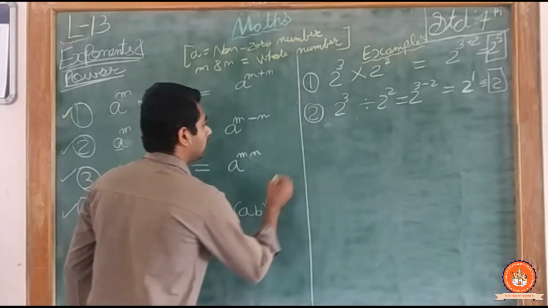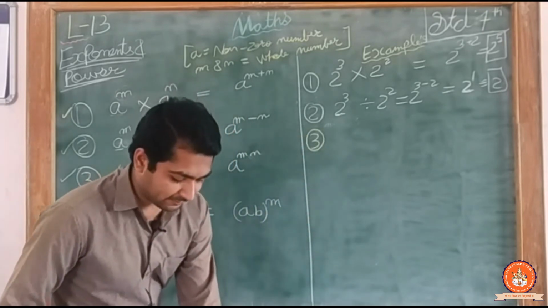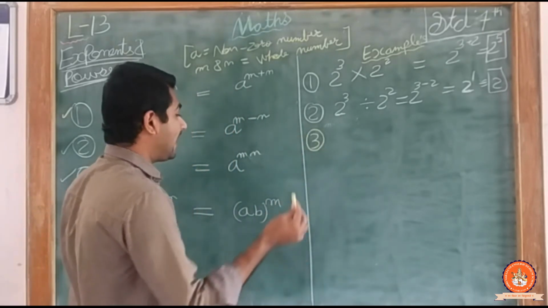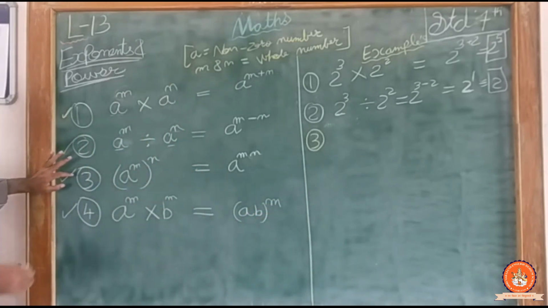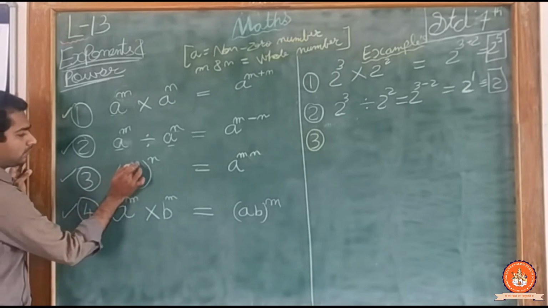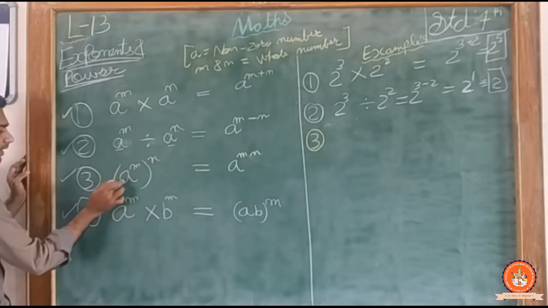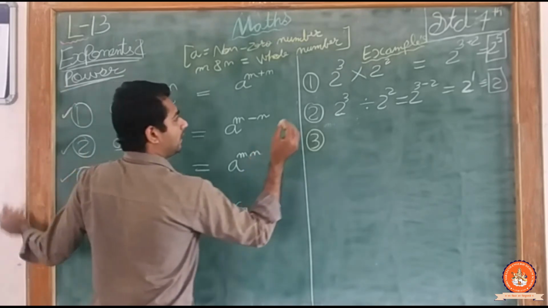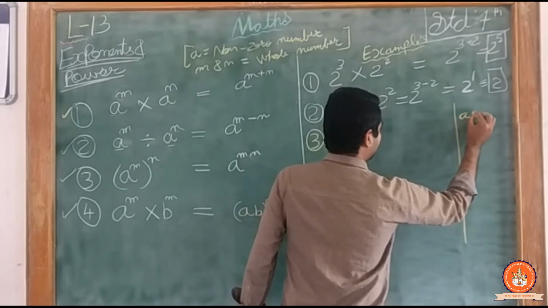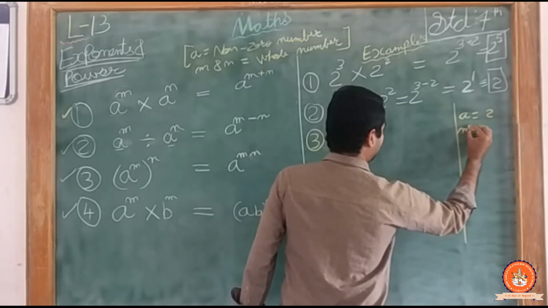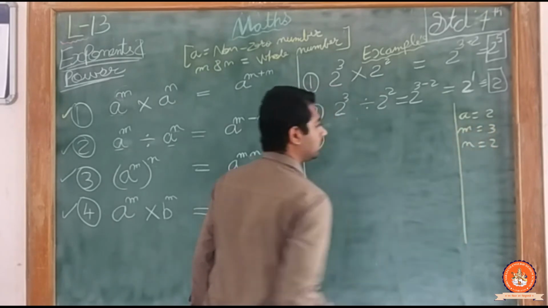Coming on to number 3. Number 3 will be written with new chalk for you. So a raised to m, whole multiplied by n, the power will be n. A is our 2, m is our 3, and n is also our 2.